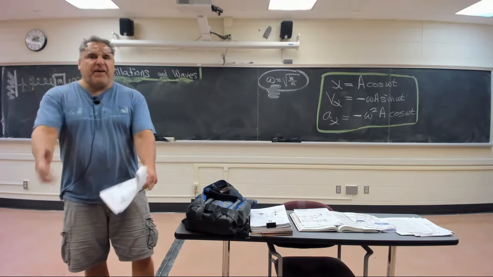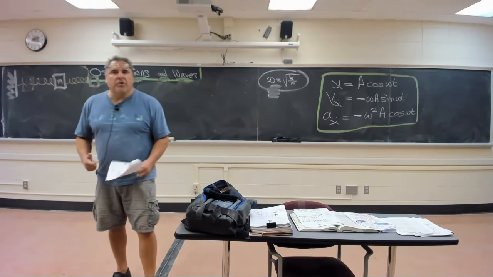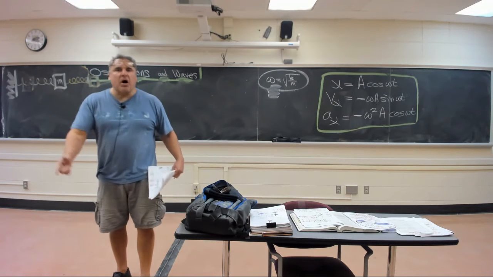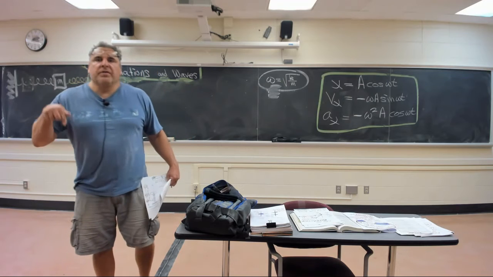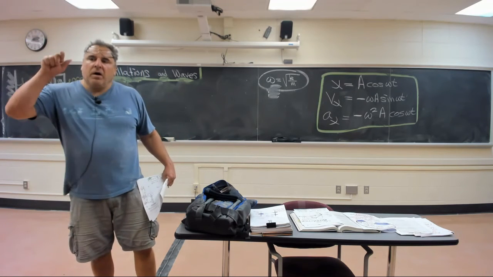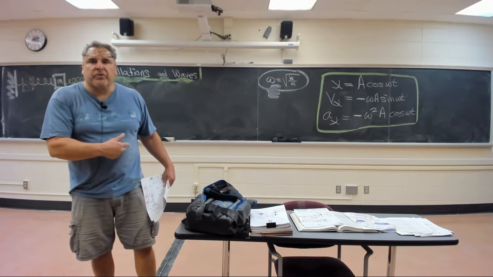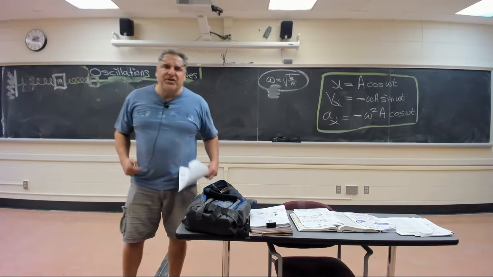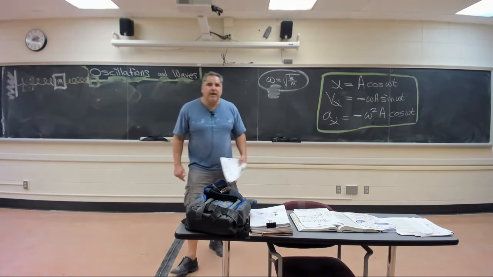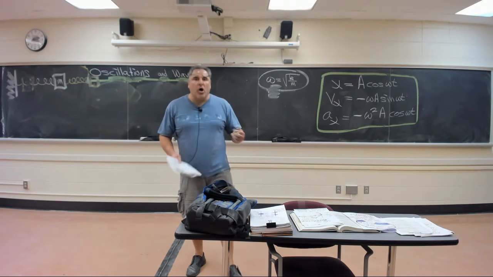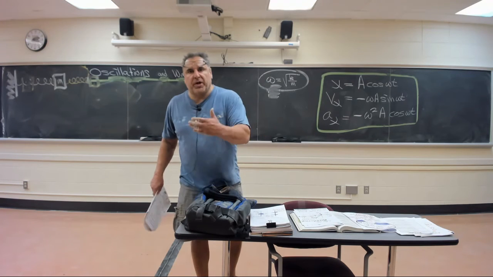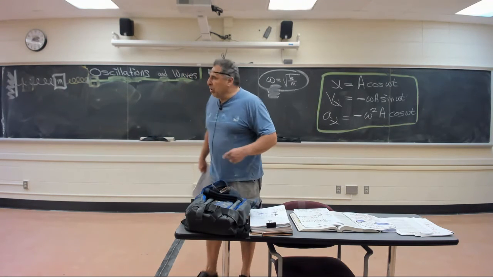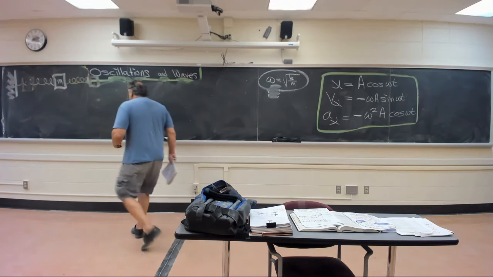If I compress it 100 meters, it is also the same magnitude force, 100,000 newtons, but now it's a push. If you stretch it X, it's going to pull with F. If you compress it X, it's also going to be F, but it's going to be pushing with F. So an ideal spring does that.